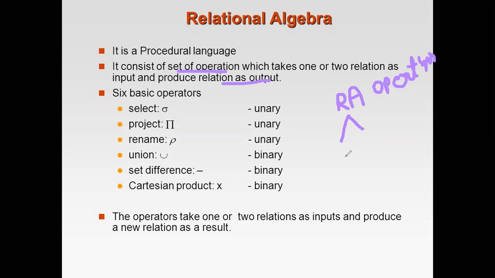One group includes set operations from mathematical set theory. The first group includes set operations, which come from the concept of set theory. Another group includes operations developed specifically for relational databases.